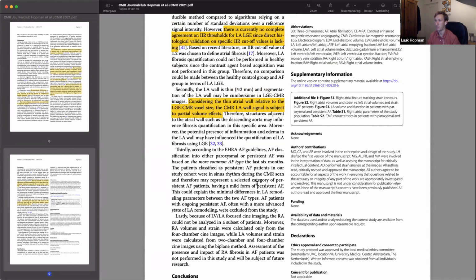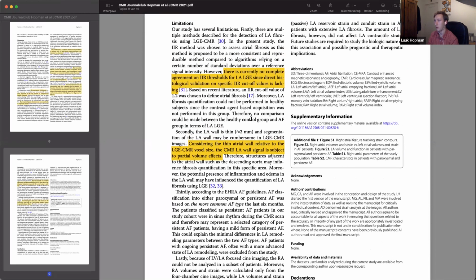So this left atrial strain, and then also the three different phases, could give some kind of marker of the status of remodeling in the patient, and possibly in the future we can identify high risk patients, or patients who have a high risk of AF recurrence after an ablation procedure. So maybe we can risk stratify these patients based on their left atrial strain values.